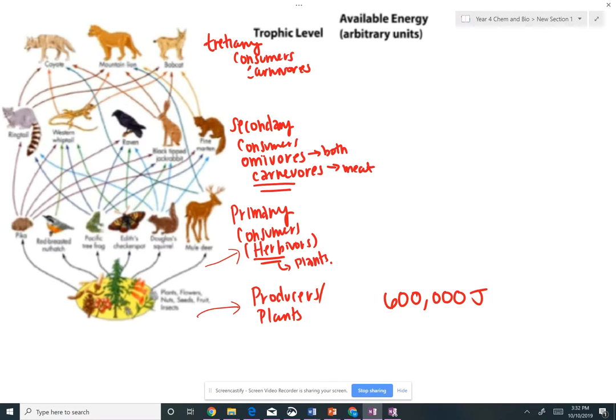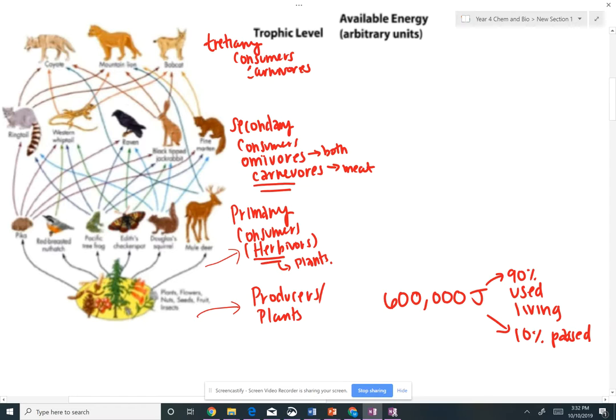Now, in each trophic level, only 10% of the energy is passed on. That is our rule of 10%. So 90% of the energy that these plants produce, 90% of this number right here, gets used for living. 90% is used for living, 10% is passed on, and that goes for every level.